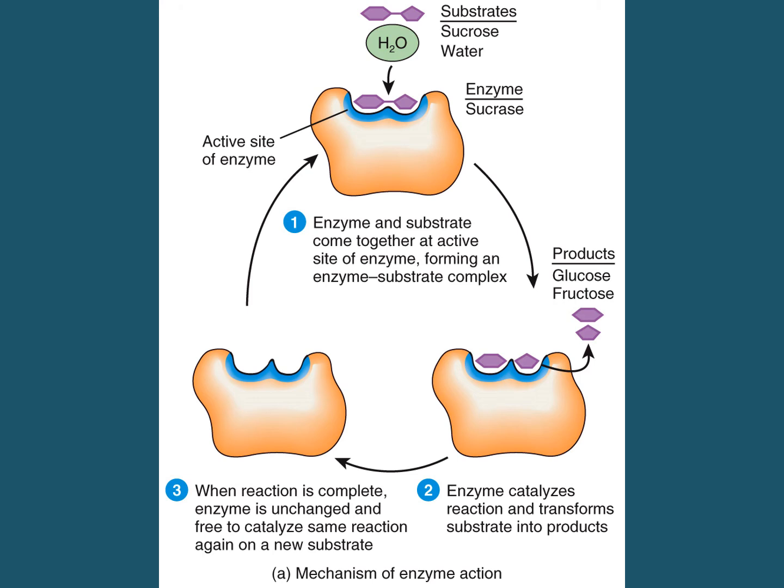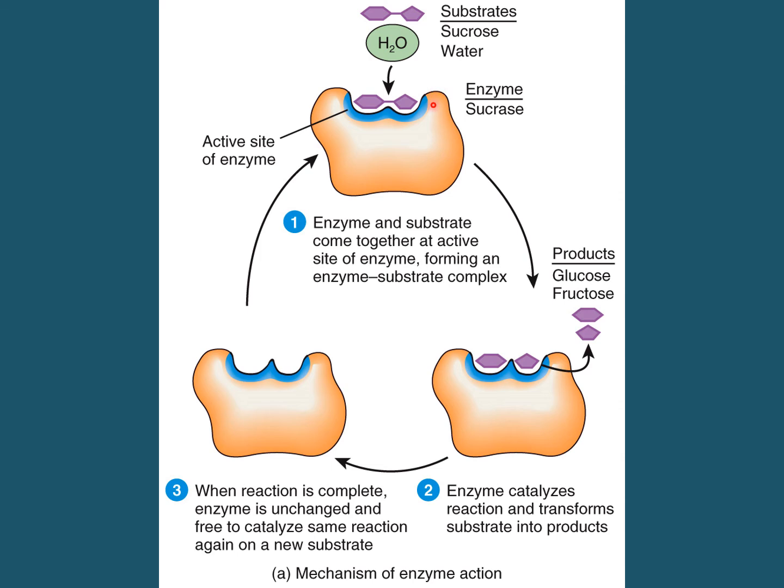This diagram illustrates how enzymes work. The beige or tan-colored blob represents a protein enzyme, specifically the enzyme sucrase. Remember, enzymes usually end in the suffix ase, and the beginning of the enzyme name usually tells you the chemical that's either broken down or created by that enzyme.